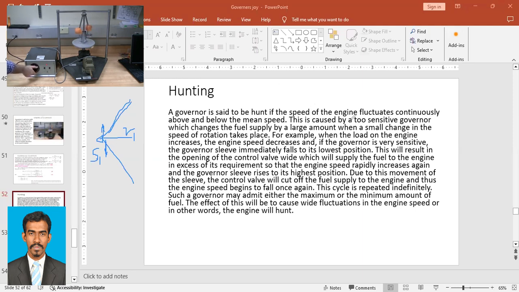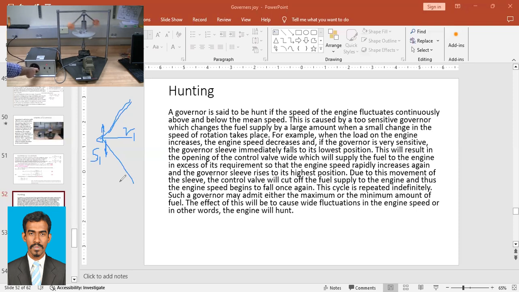This is caused by a too sensitive governor, which changes the fuel supply by a large amount when a small change in the speed of rotation takes place. So the root cause is a too sensitive governor. Let's see what will happen if it is too sensitive. Sensitiveness means for a change in the speed, there should be a change in the height.